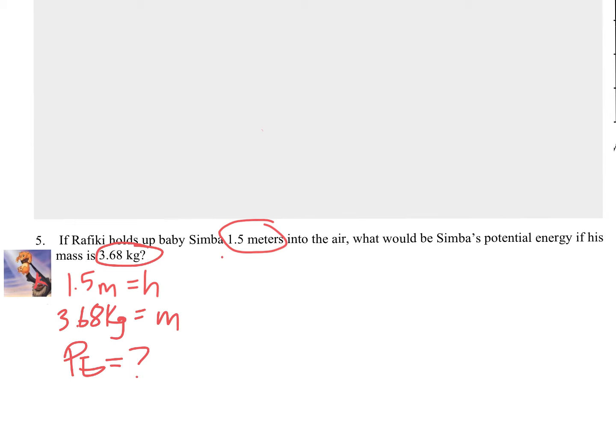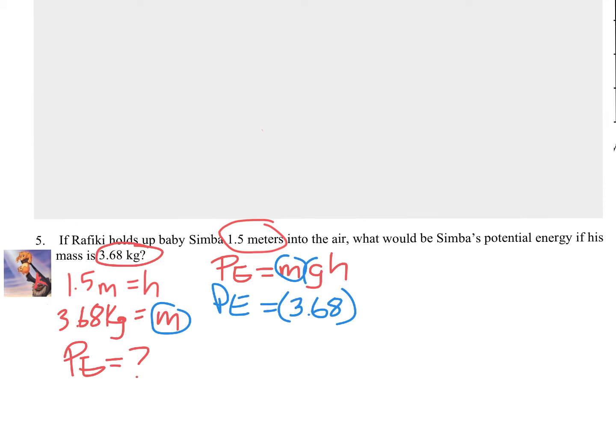Well, we know that potential energy is just mass times gravity's acceleration times height. So we can start plugging into that to solve for potential energy. We'll leave potential energy as PE since we don't have it, but our mass is next, and our mass is 3.68 kilograms. Our gravity is next.